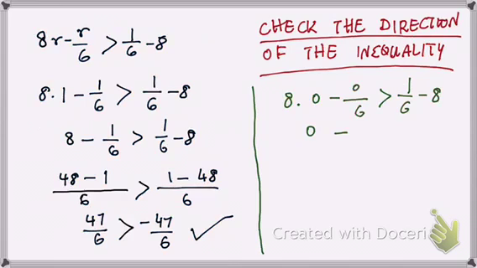So I'm just going to try 0 here. I replaced r in this equation with 0. So 8 times 0 is 0, and 0 divided by 6 is 0, and that's greater than 1 divided by 6 minus 8.